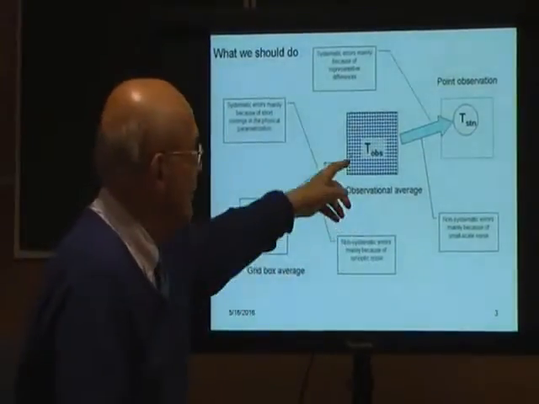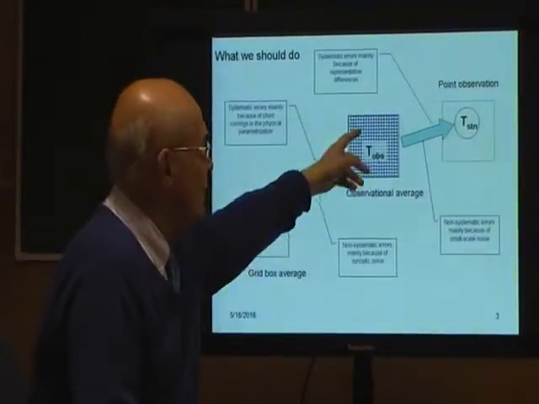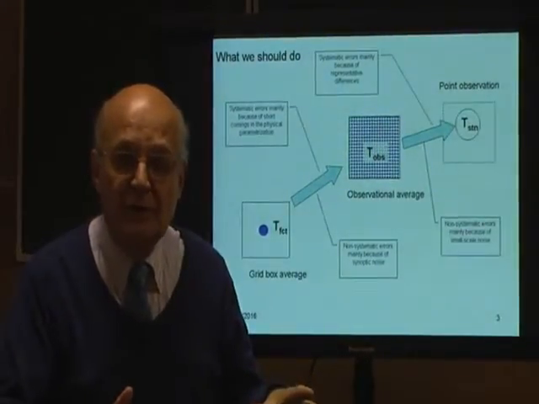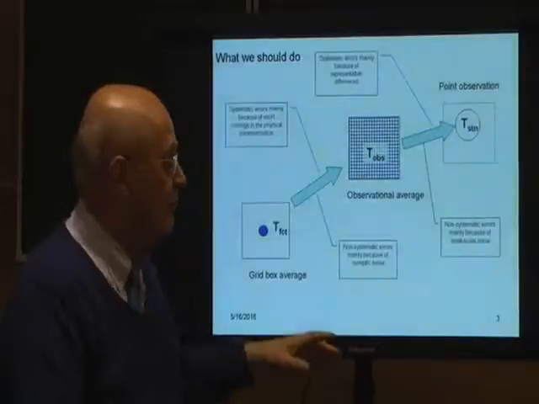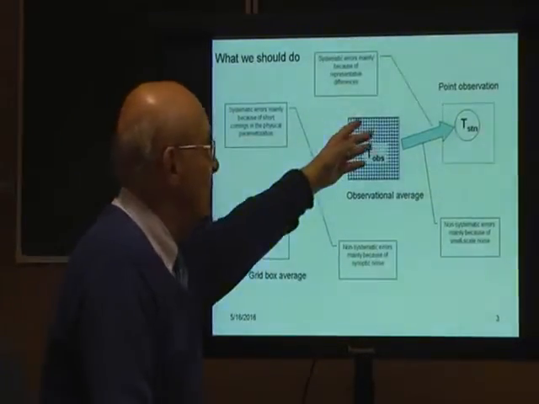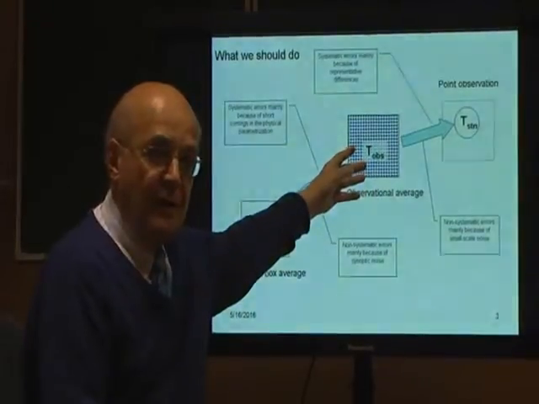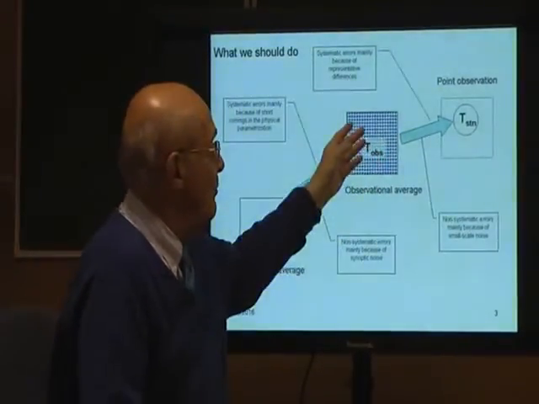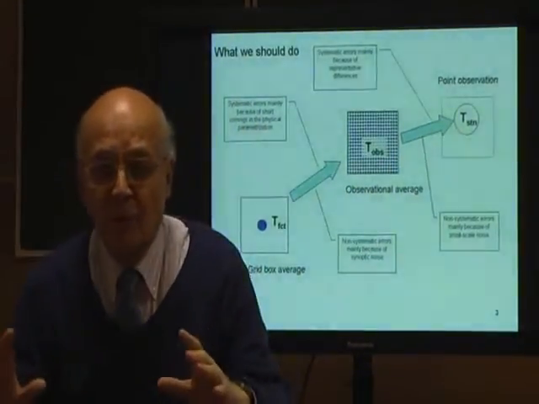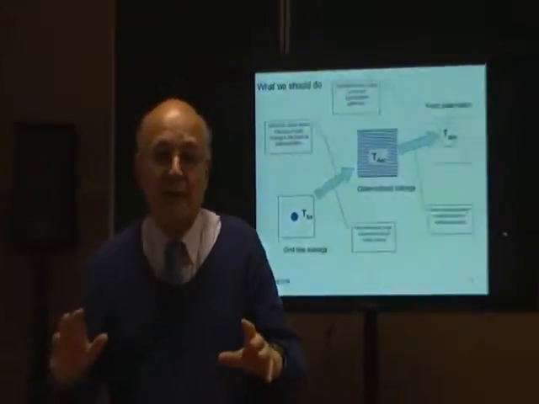So what we can create here is an observation which is an average of all these observations. That makes it more consistent to compare a grid point average with an observation average. And the next step is to compare this average with a specific existing observation that we have.